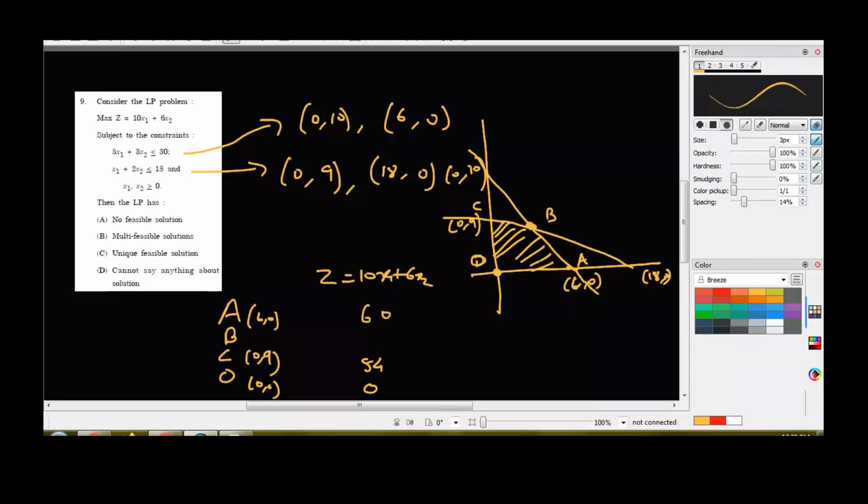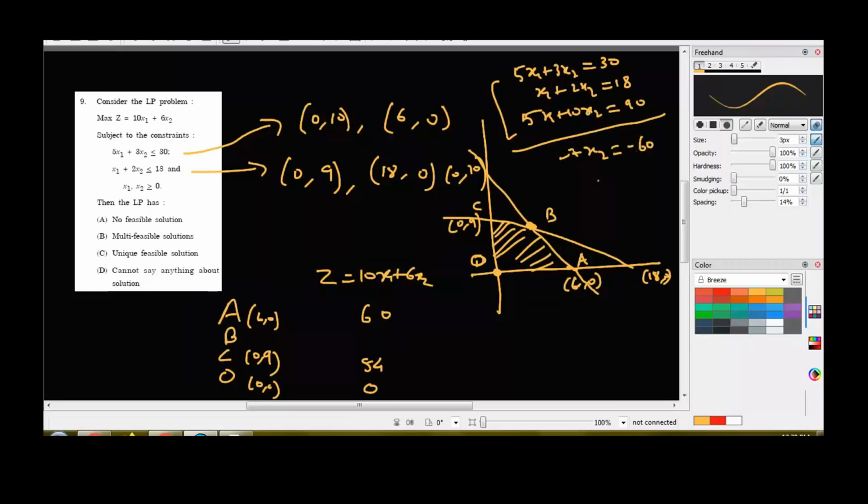And for B, let's find the point of intersection. So solving the first and the second equation, that is 5x1 plus 3x2 equal to 30, and x1 plus 2x2 equal to 18, would give us 5x1 plus 10x2 equal to 90, and the subtraction of the first and the third one will lead to minus 7x2 equal to 30 minus 90, which is minus 60.